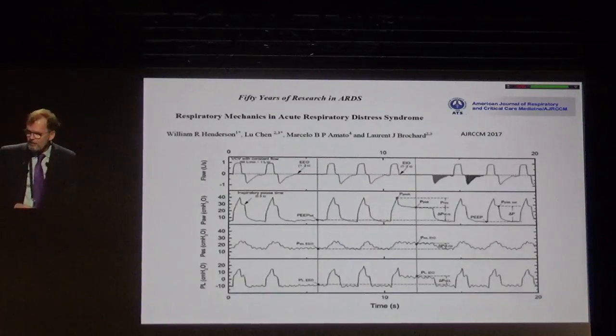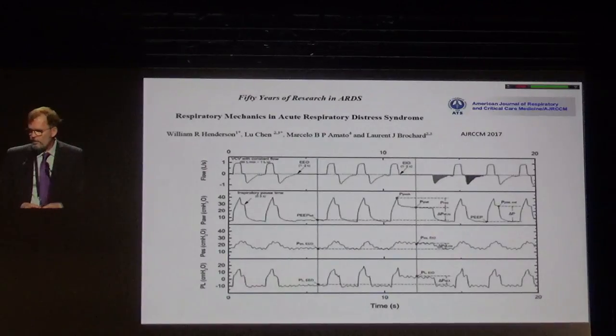This is the kind of tracings you can obtain. We published this paper in the Blue Journal a few weeks ago, and these are the measurements we do routinely in our ICU. You have the first two curves, which are those displayed on the ventilator screen, the flow and the airway pressure.